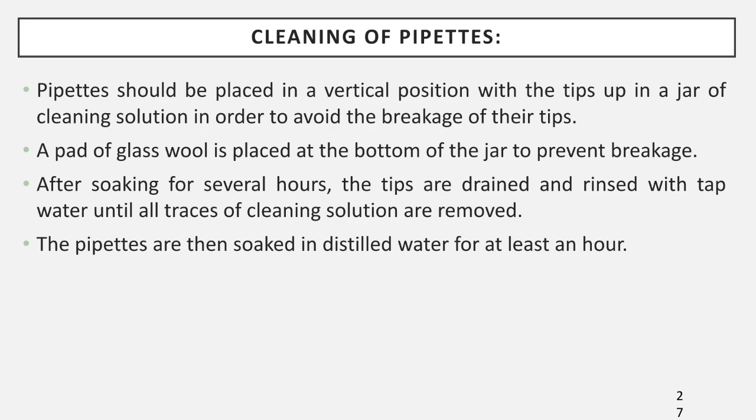After soaking for several hours, the tips are drained and rinsed with tap water until traces of cleaning solution and small particles are removed, and pipettes are then soaked in distilled water for at least 1 hour.